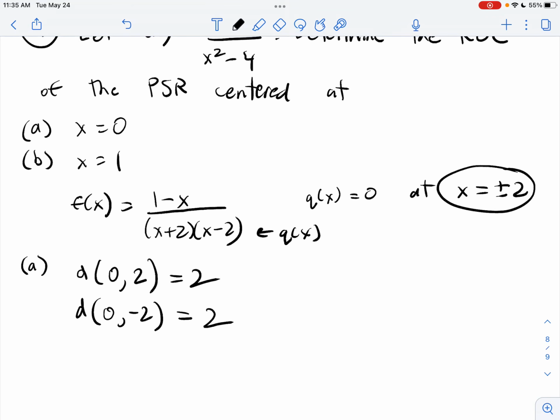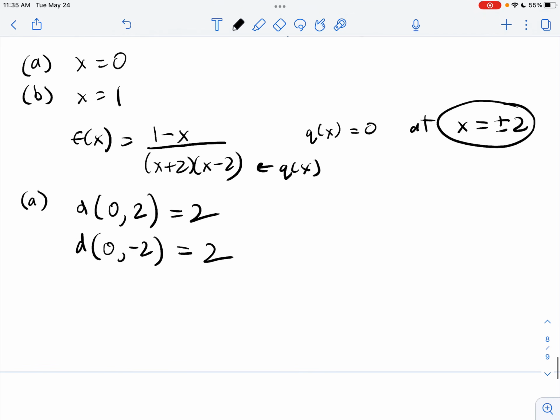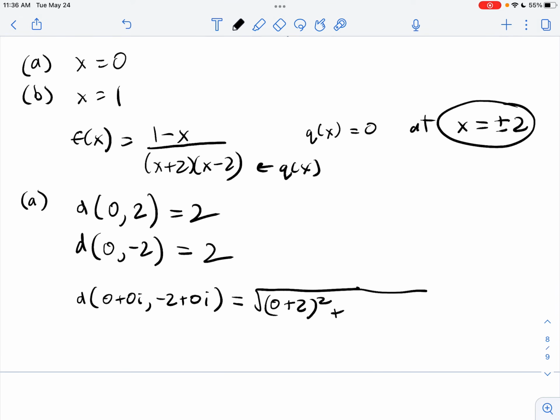Now, if you're confused by that, remember, the second one, for example, is 0 plus 0i and negative 2 plus 0i. And that's going to equal the square root of 0 plus 2 squared plus 0 plus 0 squared, which is just 2, okay?